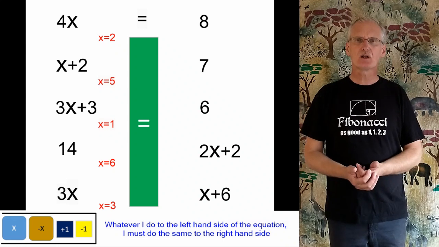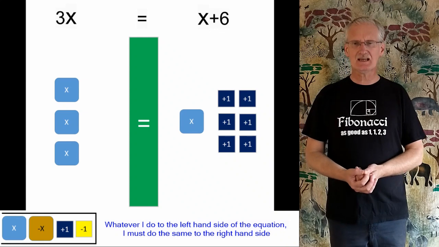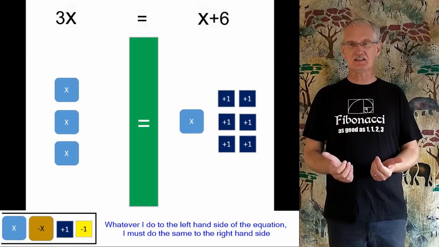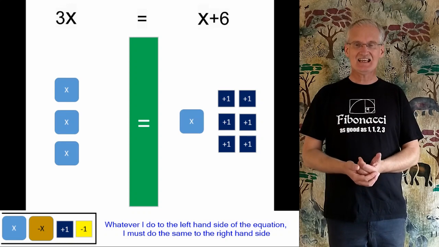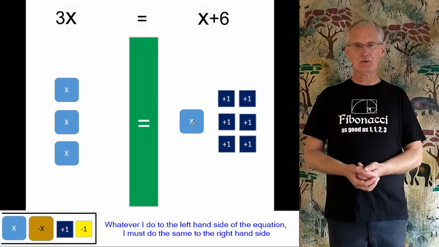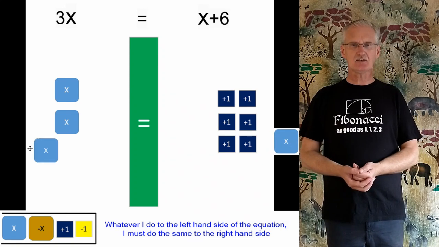Well, let's try some more complicated ones. So here we have 3x equals x plus 6. Previously, we had 1s on each side. This time, do you notice we have an x on both sides? Exactly the same concept. So I'm going to start by taking away an x from one side, and then I'm going to do the same to the other side.